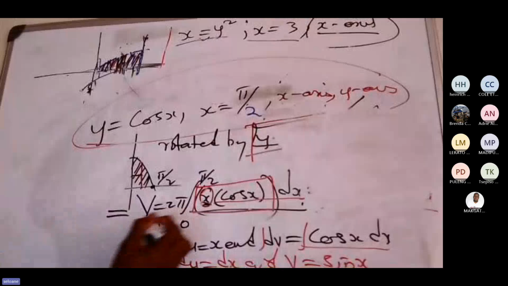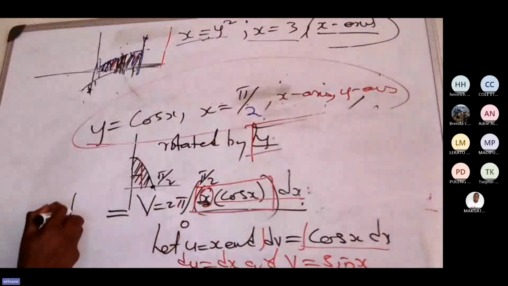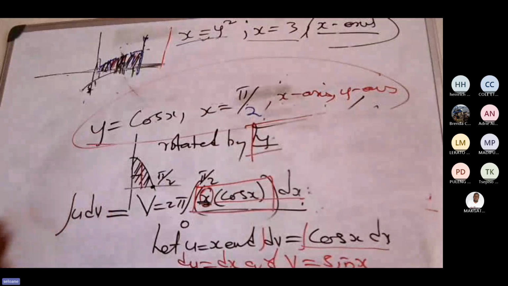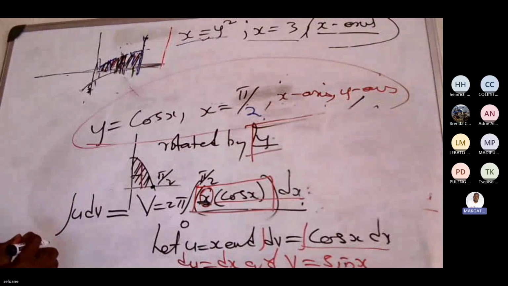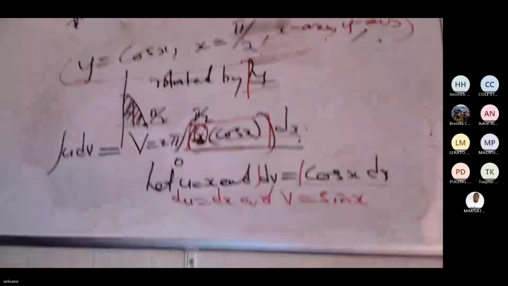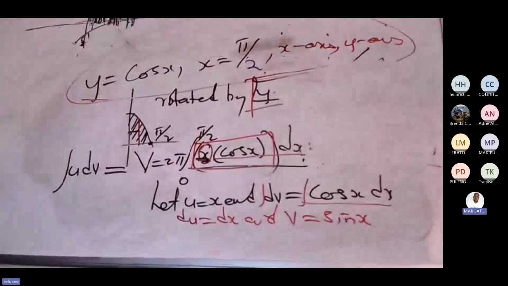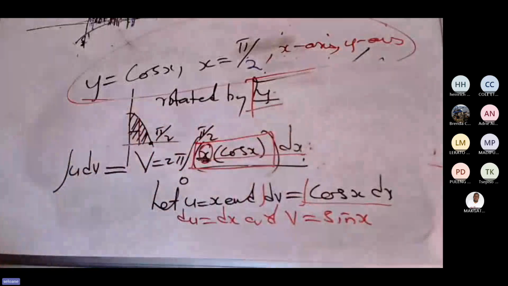Can you see now? Yes, I can. Yes. That's right. But I was talking about the bottom part after let u equal x. Okay, let me do this. Yes. Okay, then there is no problem.